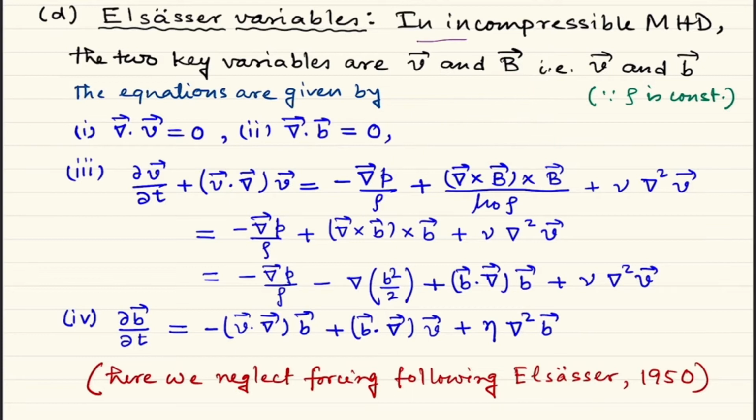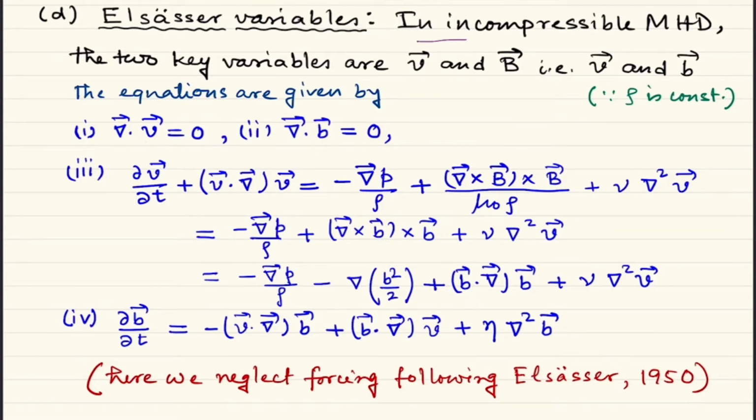So if mu 0 is a constant, and rho is a constant, then the divergence of small b is equivalent to some constant times divergence of B0, and divergence of B0 is always 0, so this will also be a divergence-less vector, the small v and small b.